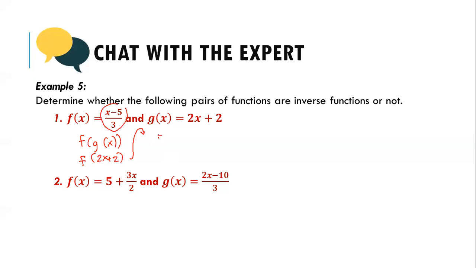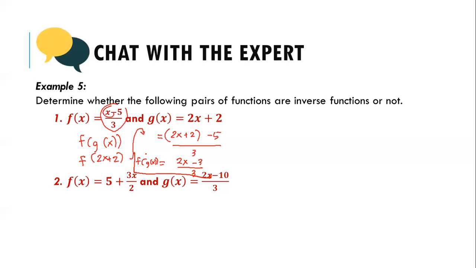So we have x, that's 2x plus 2, minus 5 over 3. So we now have 2x minus 3 over 3. This is our f of g of x.